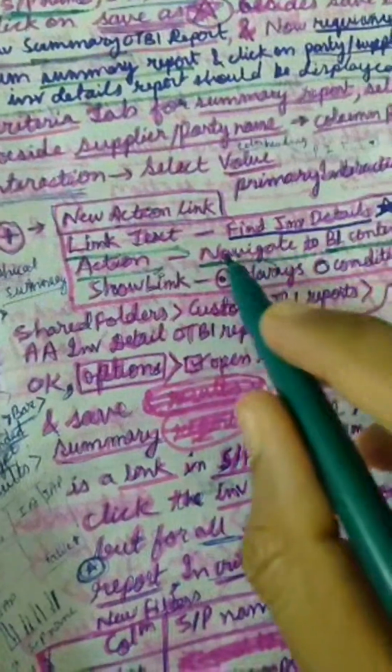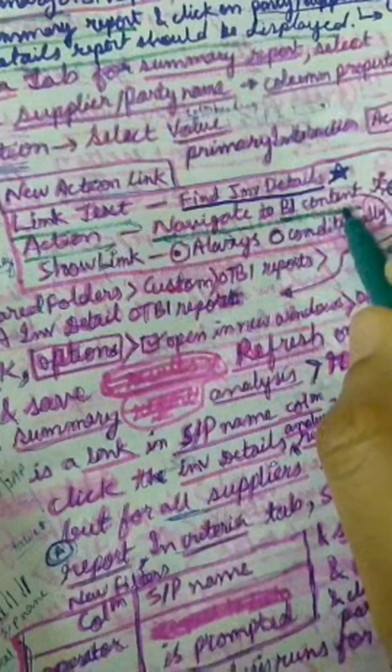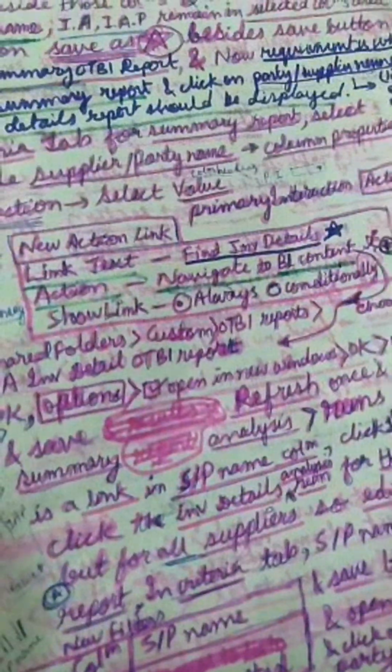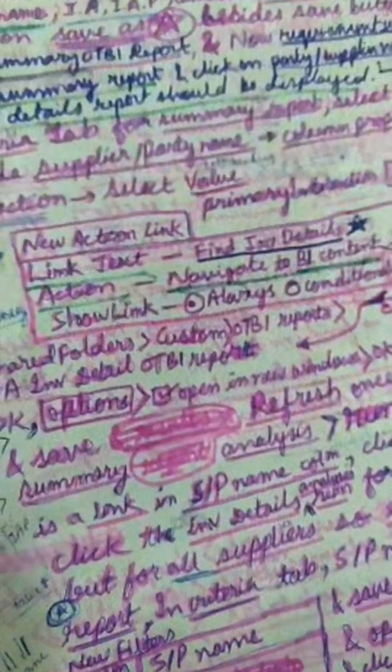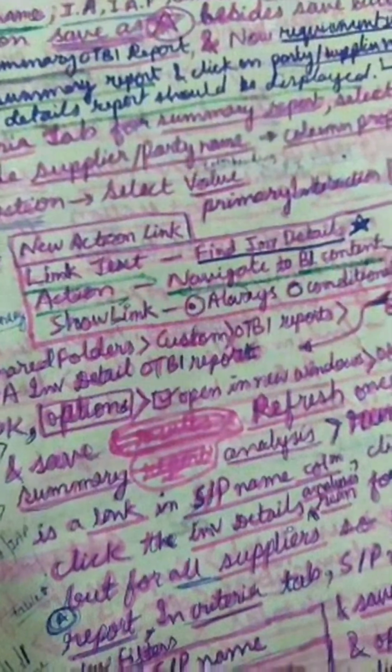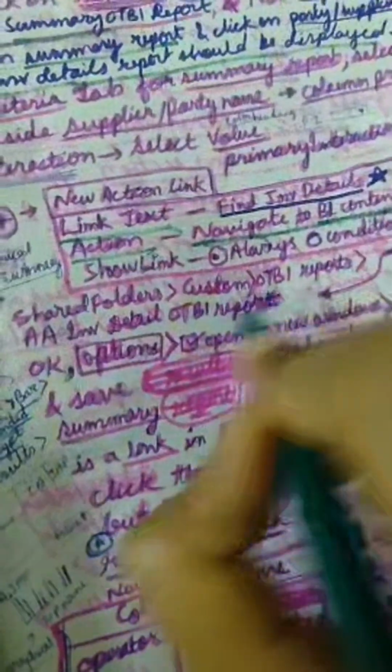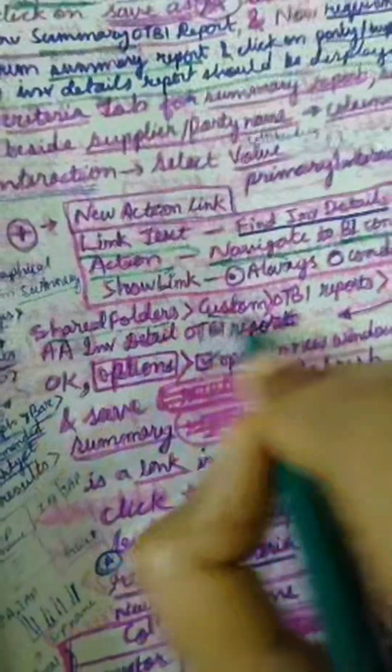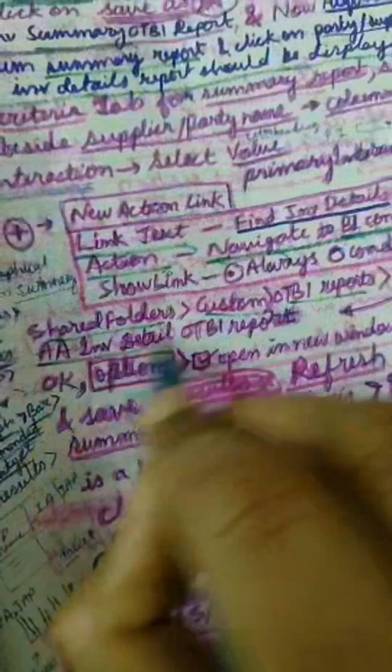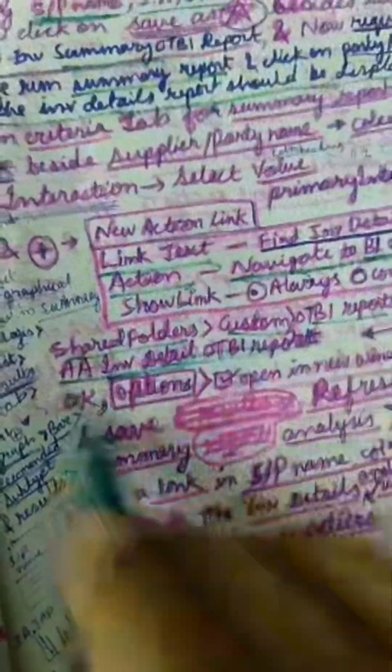Now as soon as we select navigate to BI content, I have to select which report I want to show once you click on the link. So it shows the navigation window. We choose this one in the shared folders, custom OTBI reports, the invoice detail report which I have created previously.